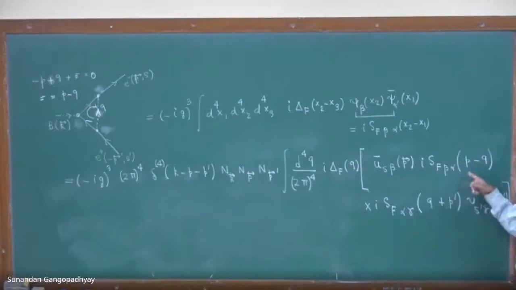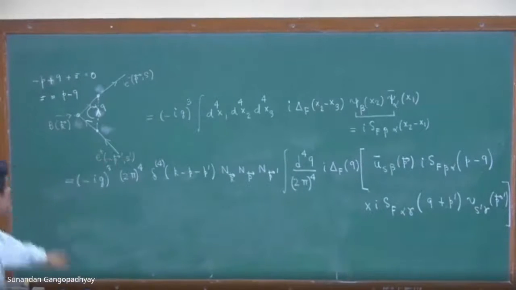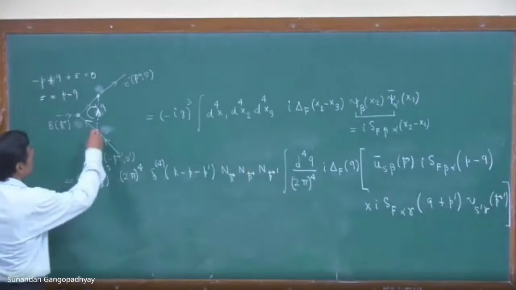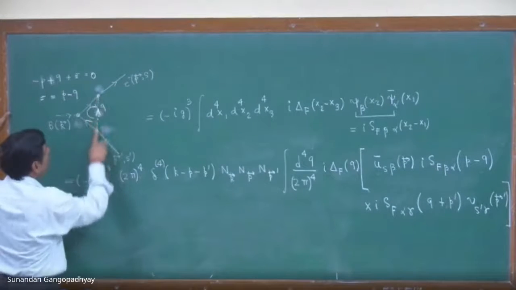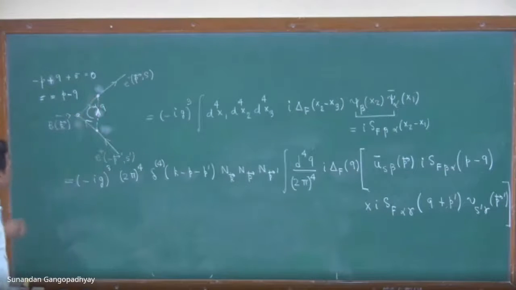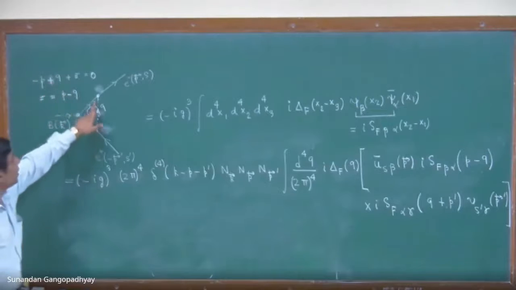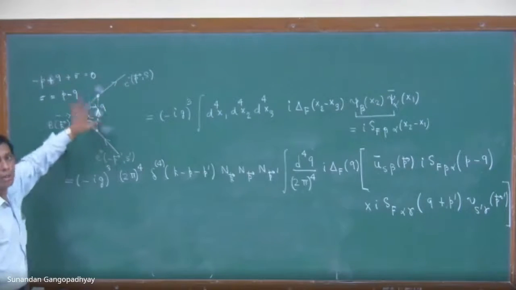But what about the momentum of these fermion lines? So that you can calculate by looking at this diagram. What I did was, if I call this momentum plus Q, in my convention, you can take any convention, whatever momentum falls into a vertex, you call that plus.